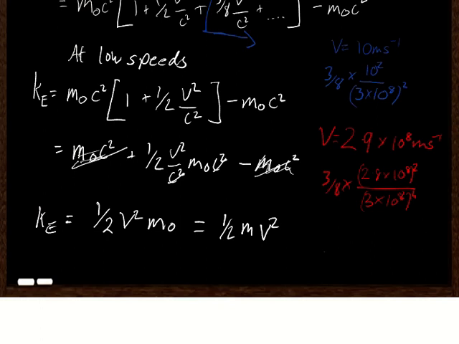Kinetic energy, a half mv squared. So what we can see from that is that at low speeds, Einstein's equation of relativistic kinetic energy still holds true. We know it holds true at relativistic speeds, and now we also know it holds true at slow speeds as well.